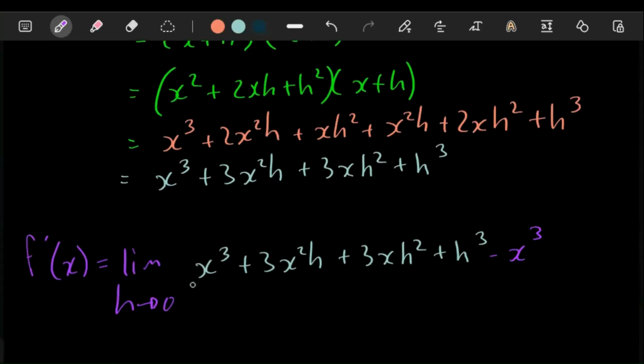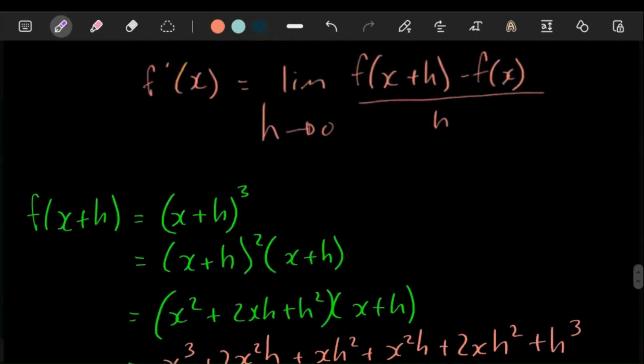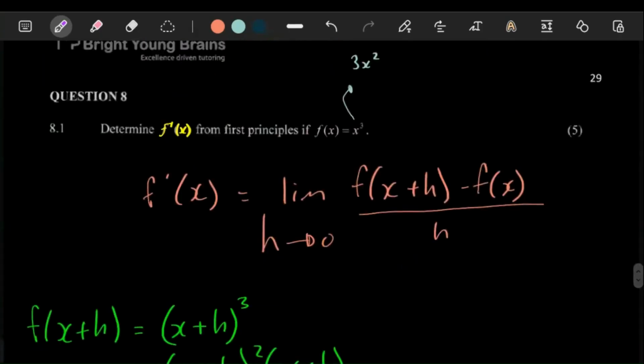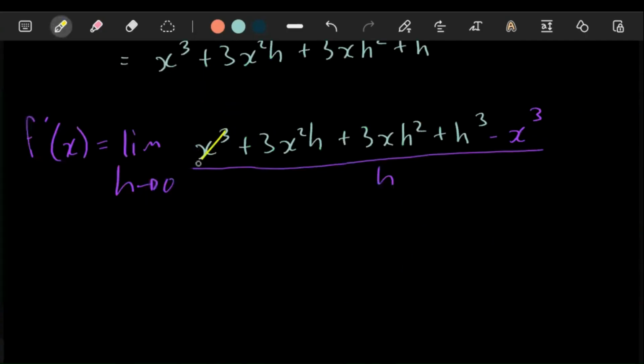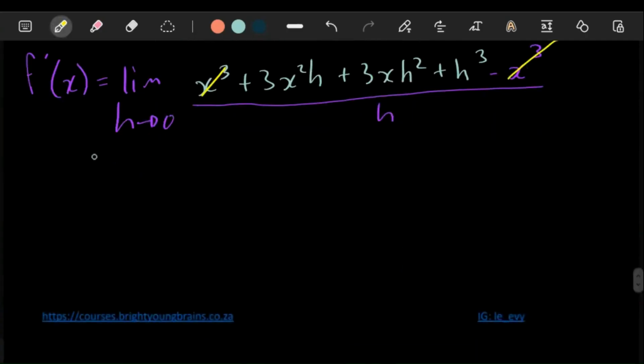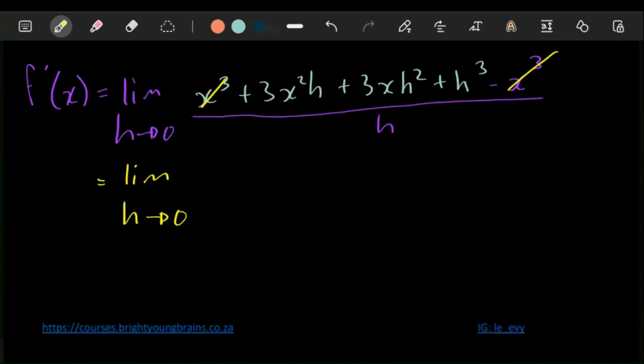And then the whole thing over h is according to the formula. So we can already see here that the x cubed cancels this value. If you see stuff is not canceling out, then you've done something wrong. Here, there's something canceling out, so we're good.